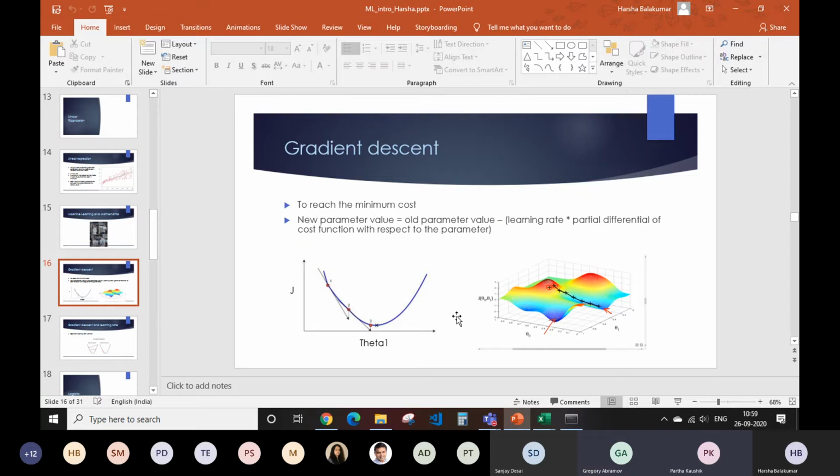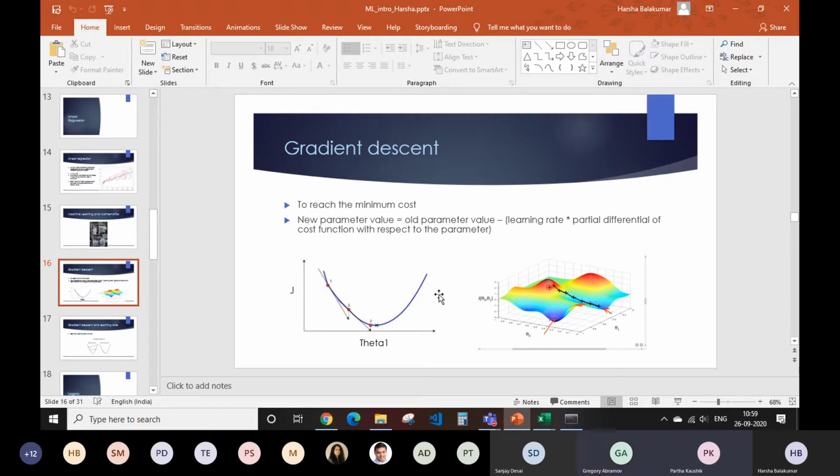If the differential is going down, then you're moving in the right direction for the next value of theta. It's an iterative process. You change the value of theta and find out the slope. If the slope is going up, you're wrong. If the slope is going down, you are moving in the right direction.